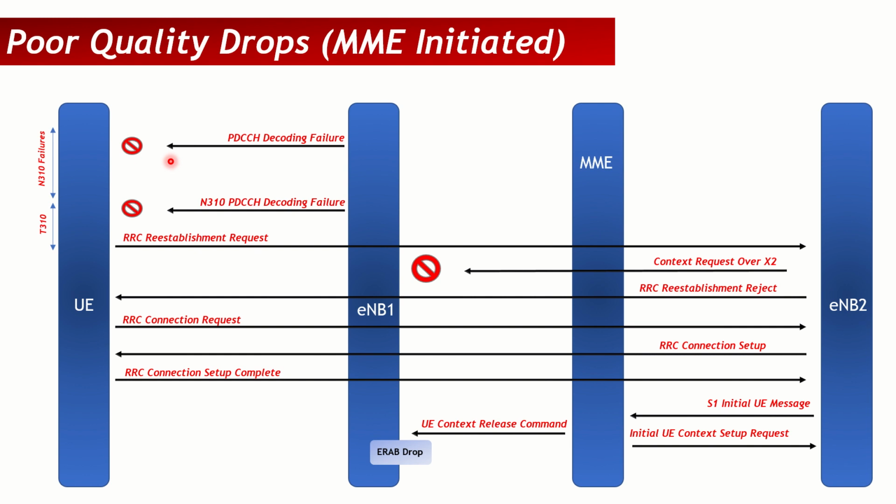So if I put N310 as, let's say, 2, then it will mean that 200 milliseconds is equal to 1 N310. And then if for 10 milliseconds more I am still unable to decode PDCCH, that will make N310 equal to 2. So N310 equal to 2 will mean 210 milliseconds. N310 equal to 3 will mean 220 milliseconds, and so on.